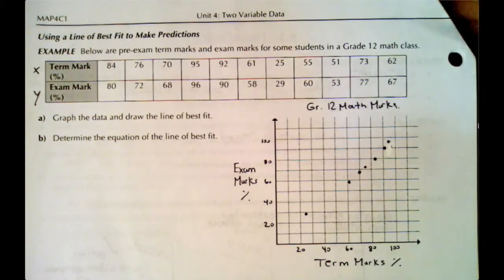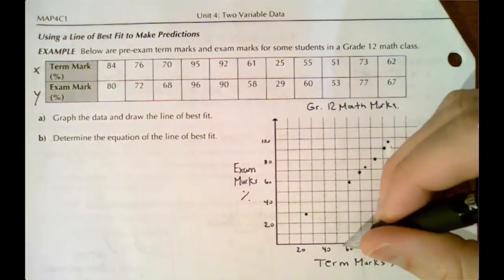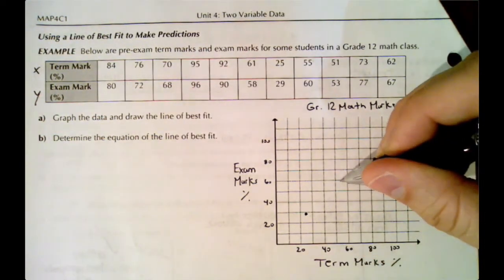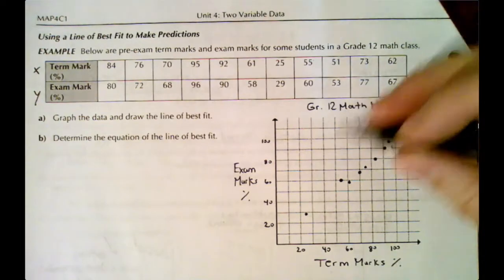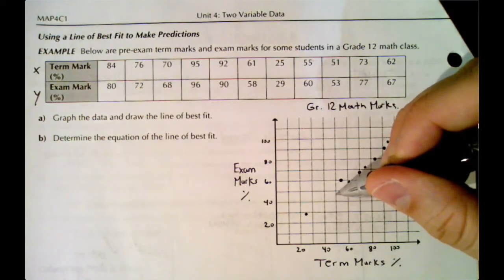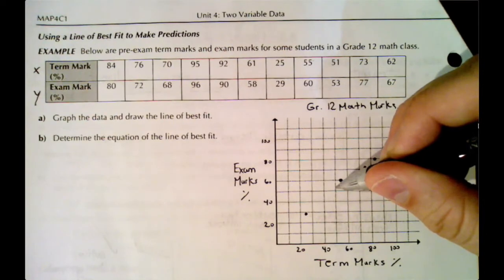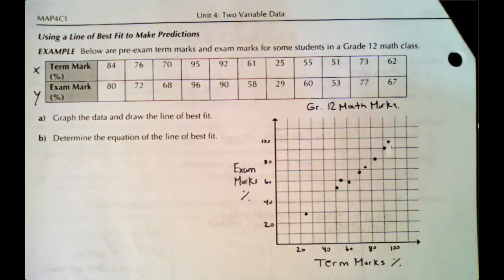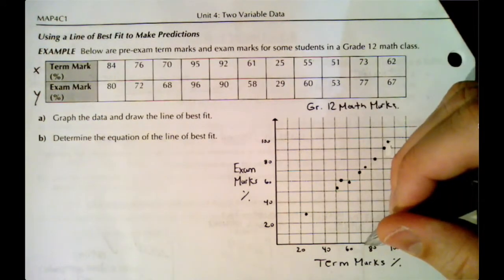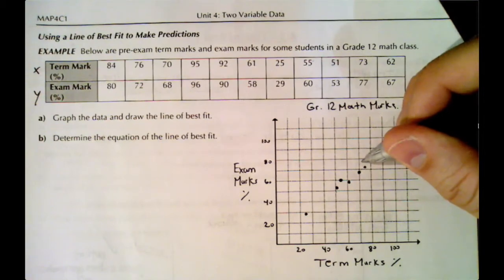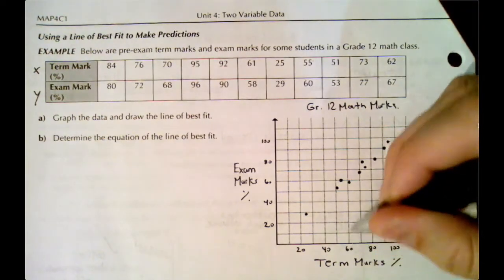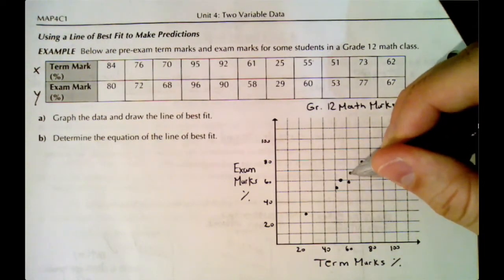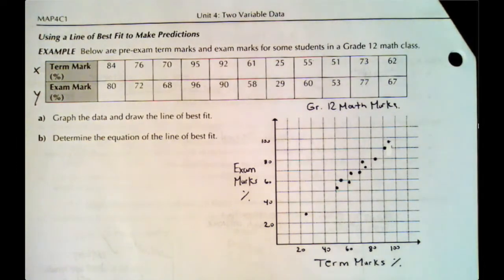But we're all having a blast. 55 and 60. 51 and 53. 73 and 77. And 62 and 67. Whew. There we go. Now we got our dots.